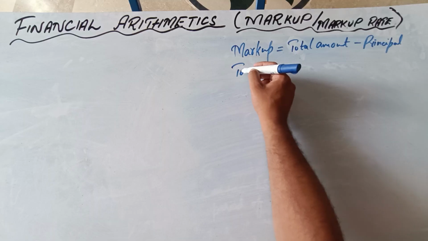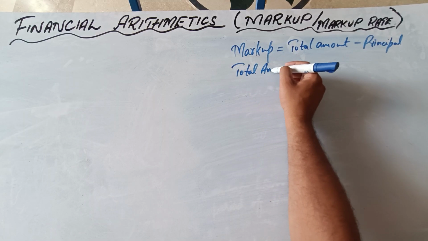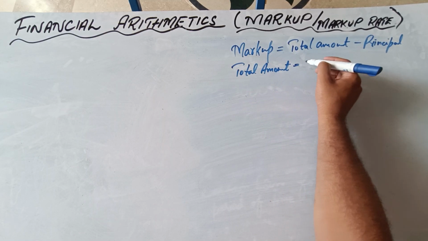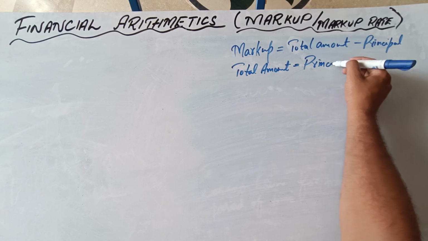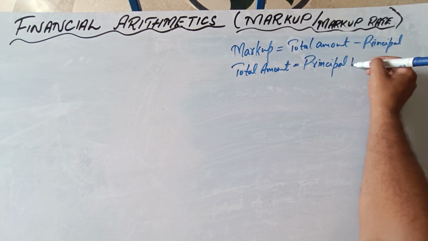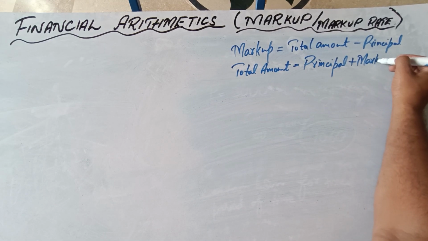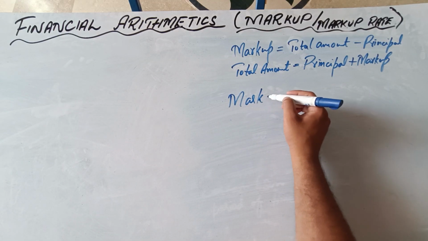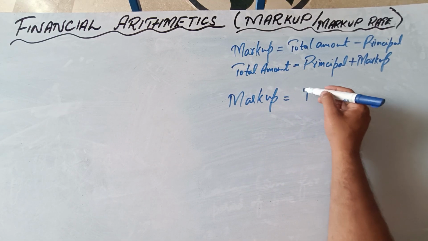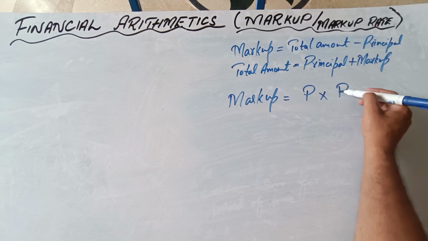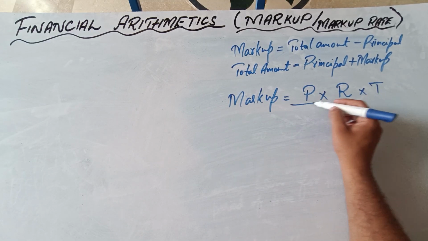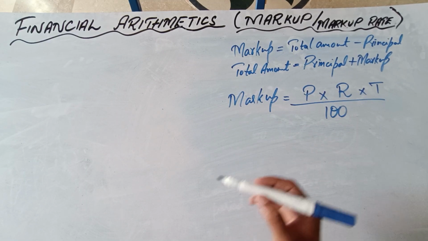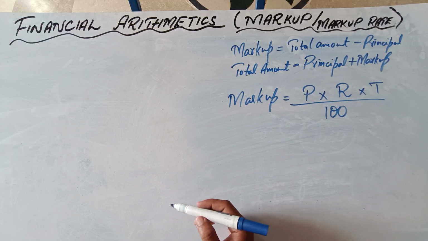And what is total amount? Principal plus markup. Now how to find out markup? Principal multiplied by rate multiplied by time divided by 100. So this is the formula to find out markup.